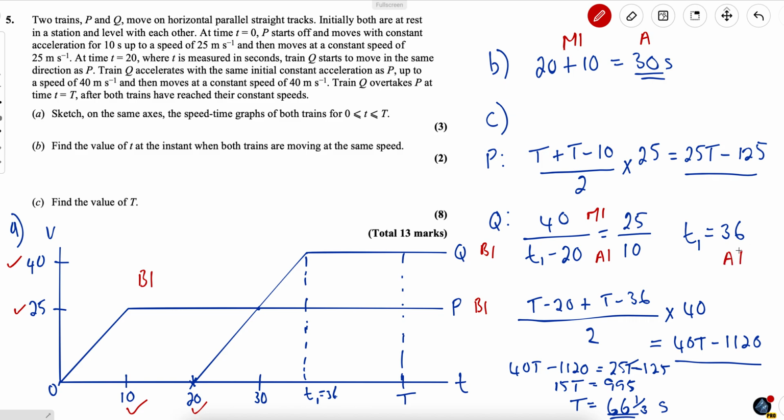Then there's a method mark for either of these equations, showing that you're clearly trying to find the area underneath here, and then an accuracy mark for each one. And then a dependent method mark for setting them equal to each other, dependent on working out those values up here, and an accuracy mark for 66 and a third.